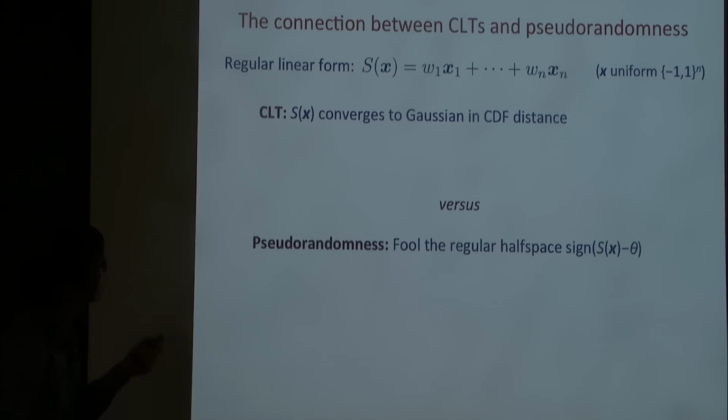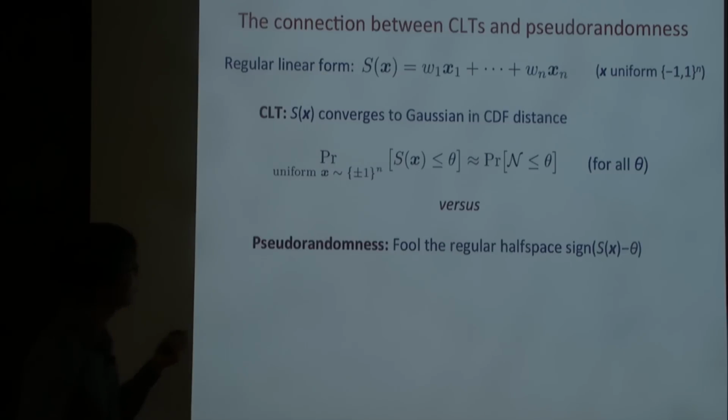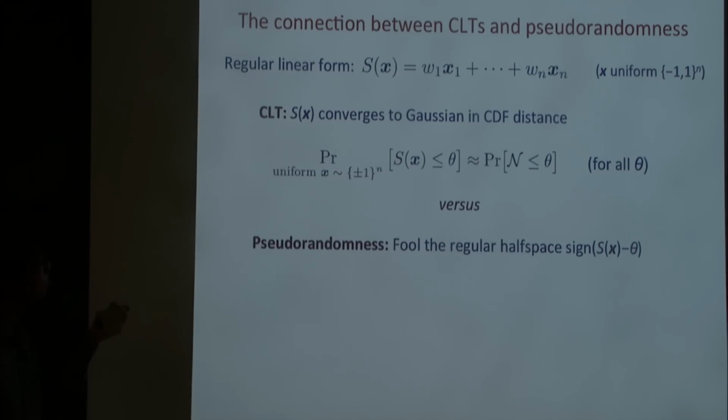The CLT says that S(x) converges to a Gaussian in CDF distance. Meaning, by the definition of CDF distance, for every threshold theta, the probability that S(x) lands below theta is roughly the same as the mass that a Gaussian places below theta. That's exactly what it means for S(x) to look like a Gaussian.